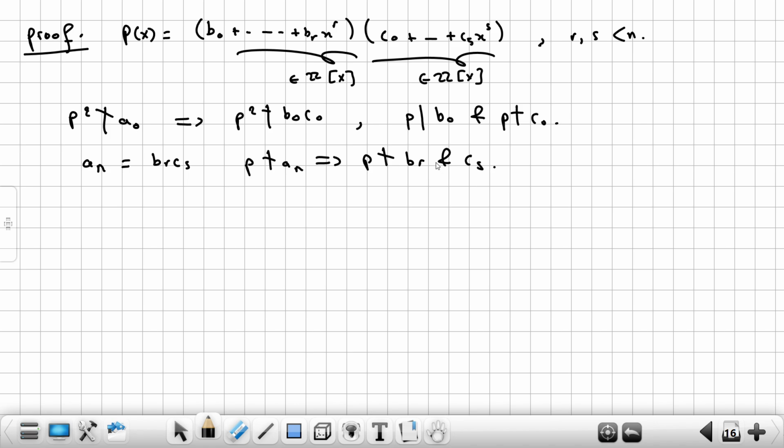Now since p does not divide cs, and p does not divide c0, we can talk about the smallest element. Let m be the smallest integer so that p does not divide cm.